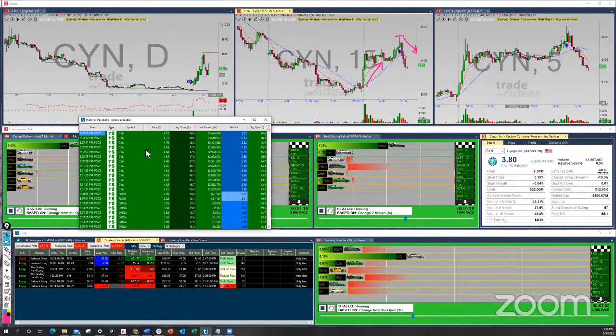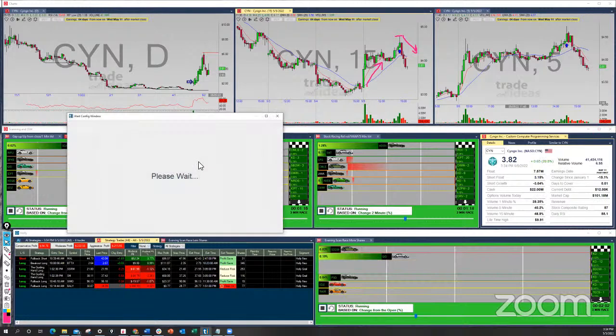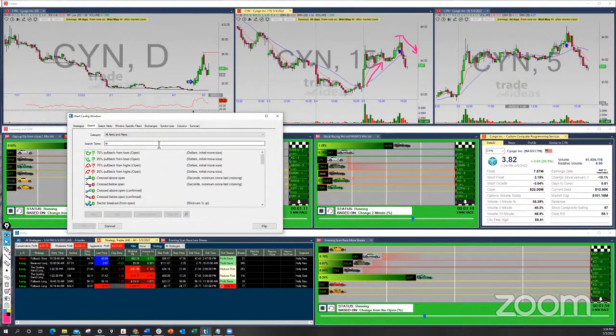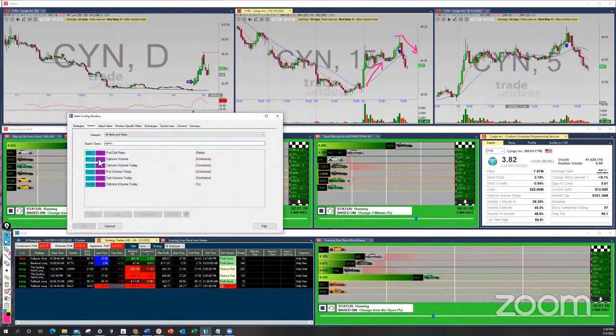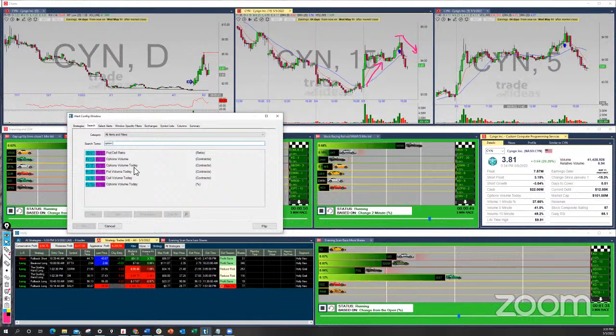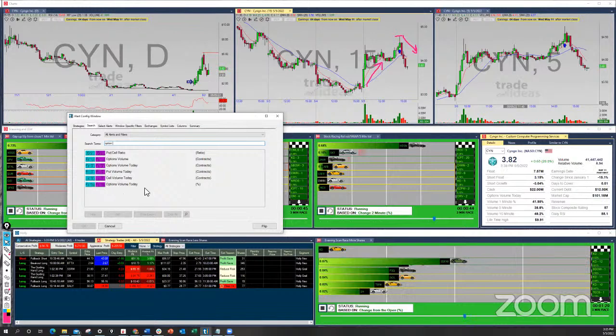As far as options goes, we have pretty limited options choices here. If I go into the configure of a scan for options, we can scan for a put call ratio. We can tell you options volume as in the contracts today, how they relate to the average contract volume over the last 10 days of the stock, the actual number of options contracts today per stock, the put volume, the call volume, and then the options volume today.